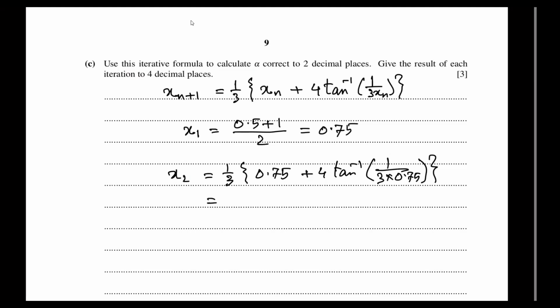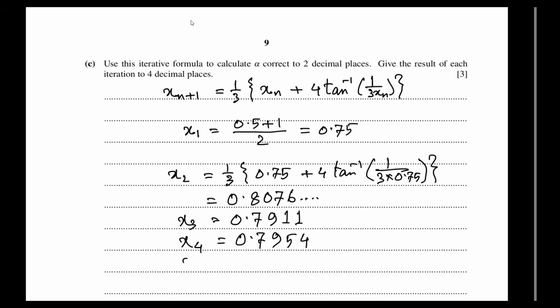You need to write x2 correct to 4 decimal places. x2 becomes 0.8076. x3 is 0.7911. x4 is 0.7954.